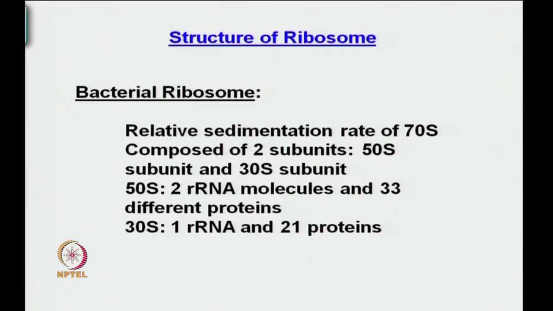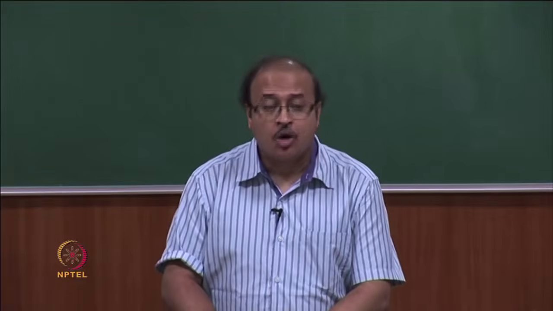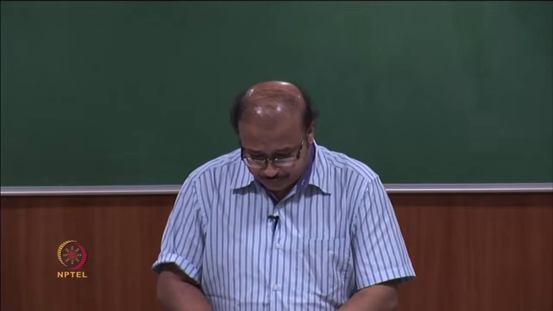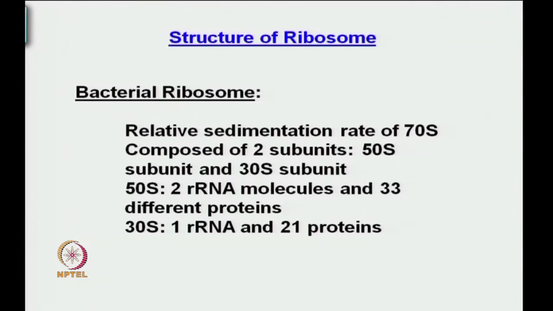Right? The structure of the ribosome, well, as I said, you have the bacterial ribosome and the eukaryotic ribosome. What about the bacterial ribosome? The relative sedimentation rate is 70S. S stands for Svedberg unit. It is composed of two subunits. We will soon see a schematic of these subunits.